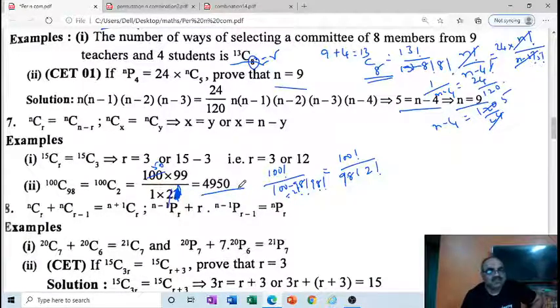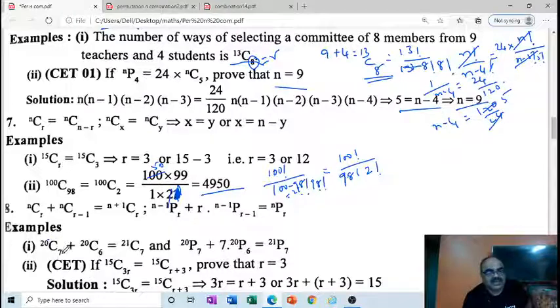Friends, 8th formula. Hope it is not too much for you. What to do? I have to cover. You need to learn. So the 8th formula is nCr plus nCr minus 1 equals n plus 1 Cr. There is an example you can see.